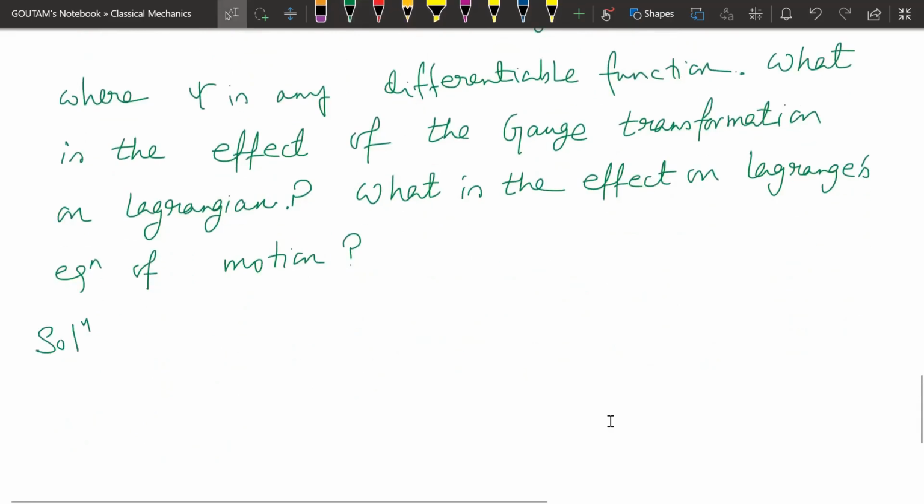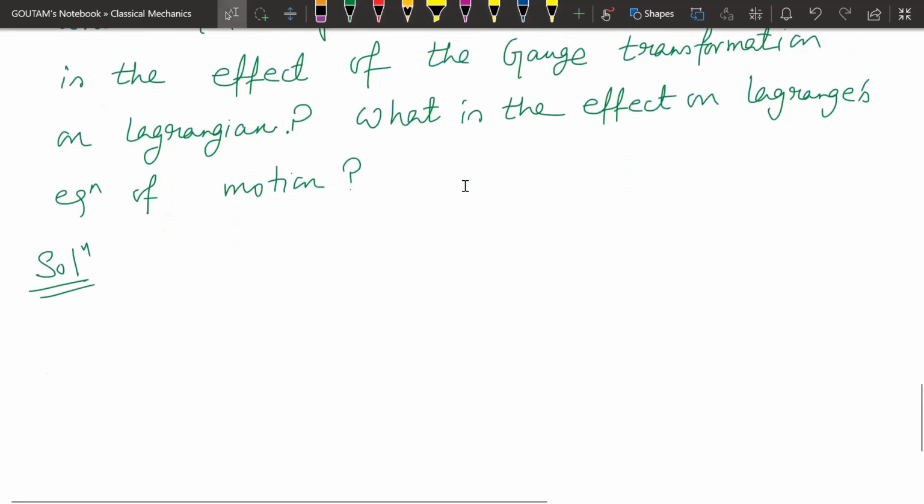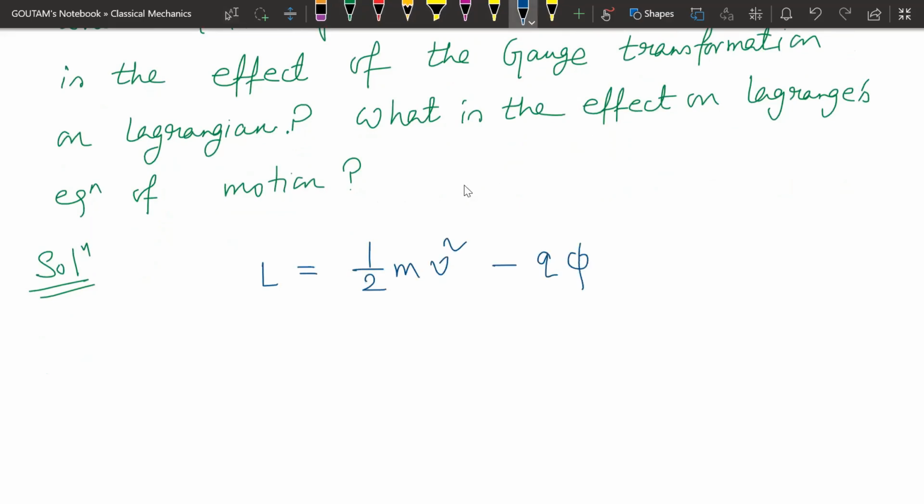Let's solve this. So we know that if A is a vector potential and phi is the scalar potential, then the Lagrangian is defined like half mv square minus q times the scalar potential plus q A dot v.